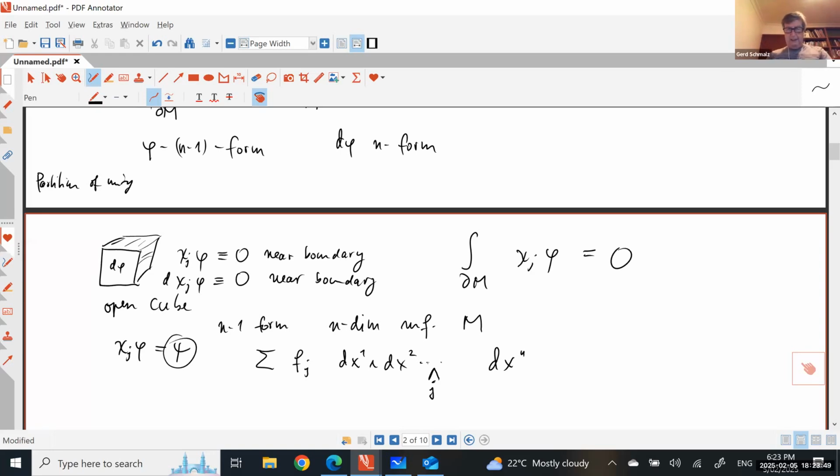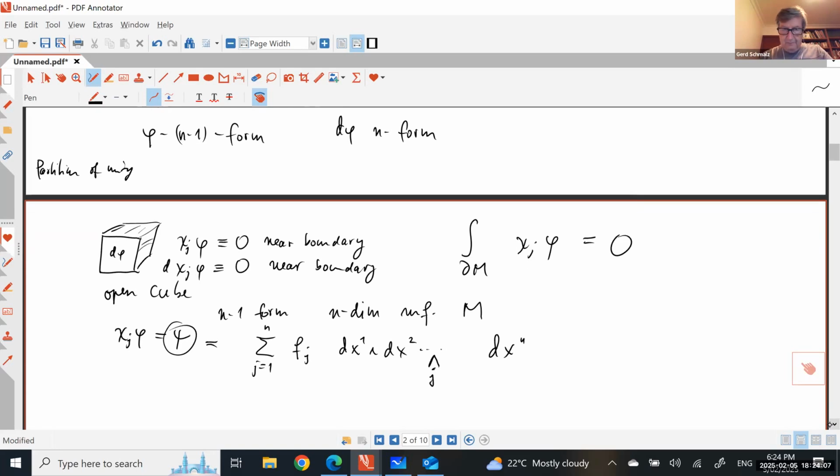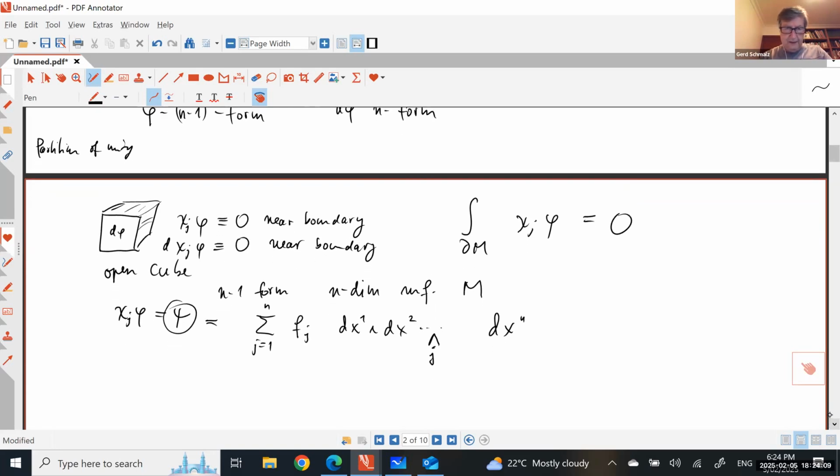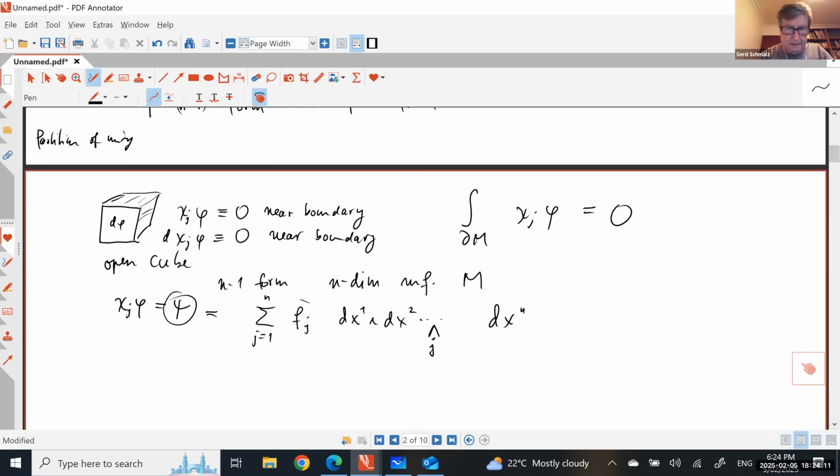So you make that little omission sign, a little triangle with a j there, which says j is missing, and j is running from 1 to n. So that is actually what such an n-1 form is. Physicists might say it's a vector because it's n functions, but we know it isn't. It's not a vector. This is an n-1 form.